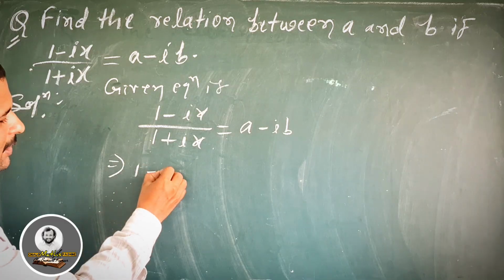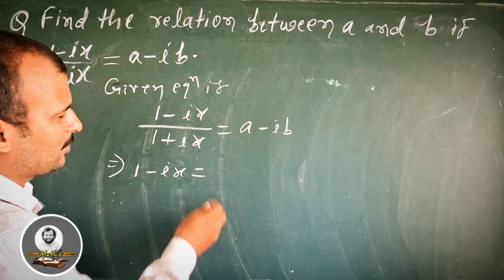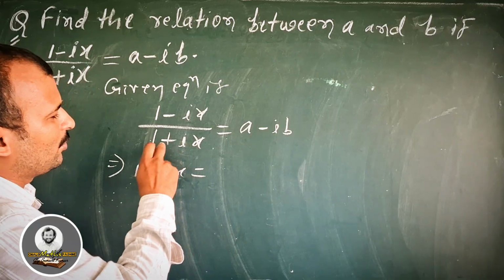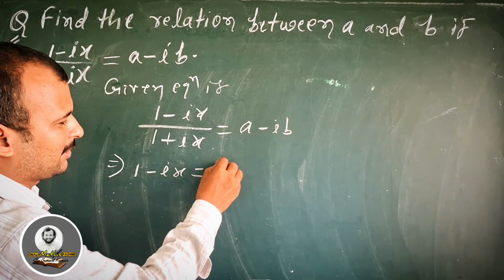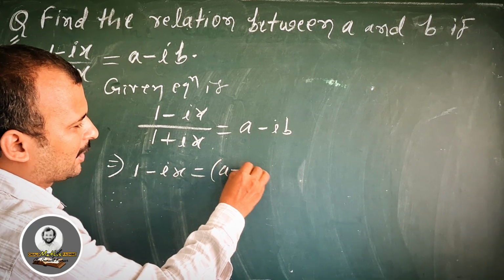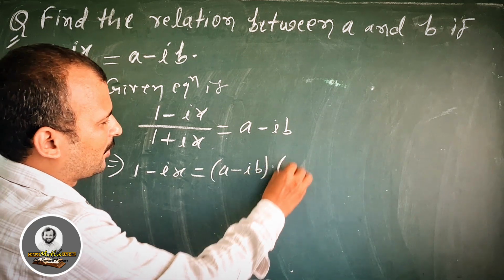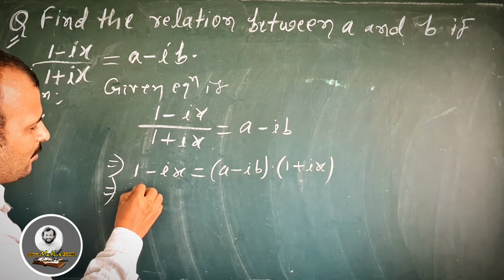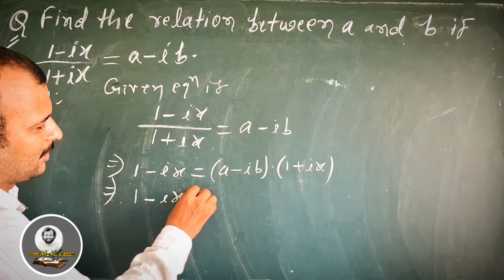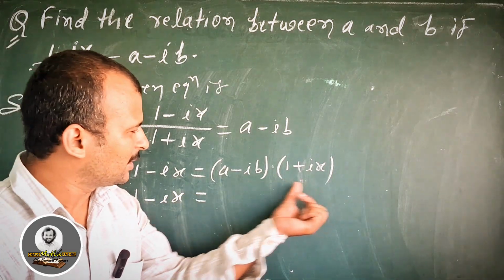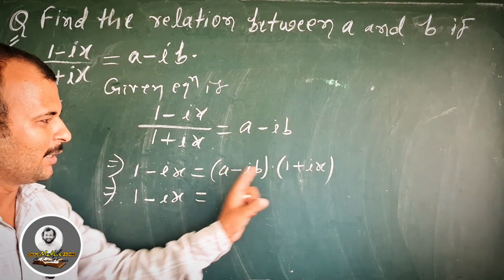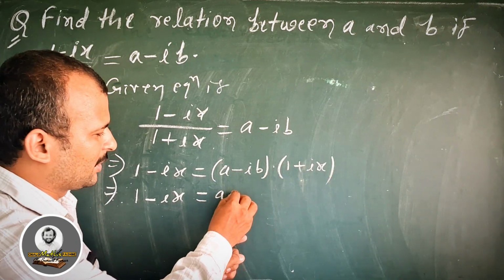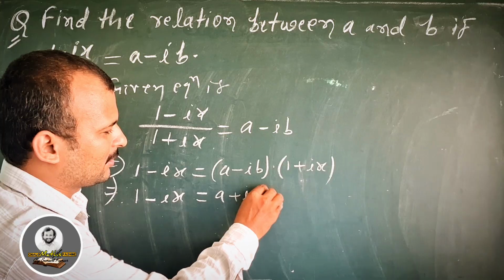1 minus iota x equals (a minus iota b) into (1 plus iota x). If we multiply them, we get a into 1, a, and a into iota x, iota ax.